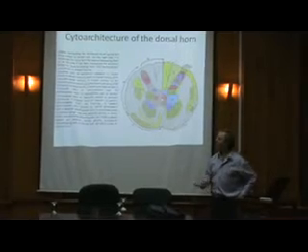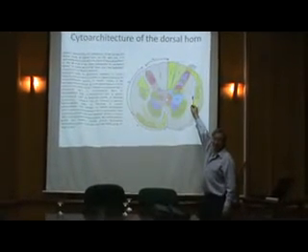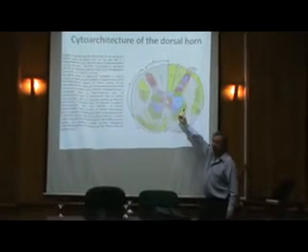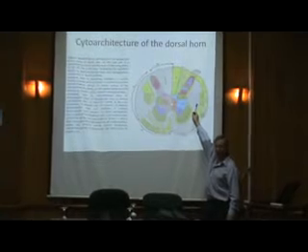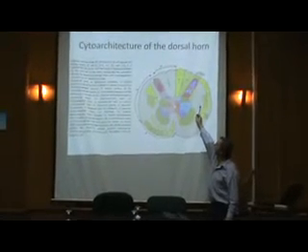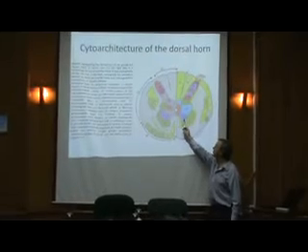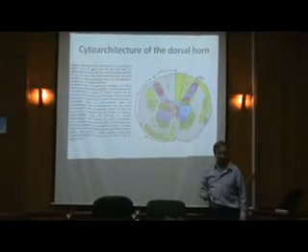Regarding the position, we have a dorsal cord, a lateral cord, which appears between the dorsal and ventral horn, and the ventral cord. The ventral cord surrounds the ventral horn.